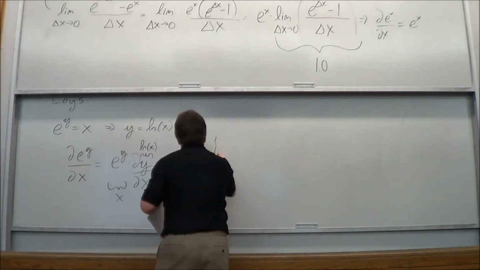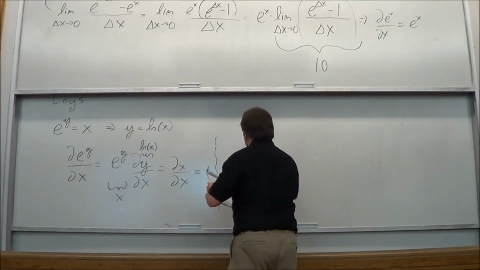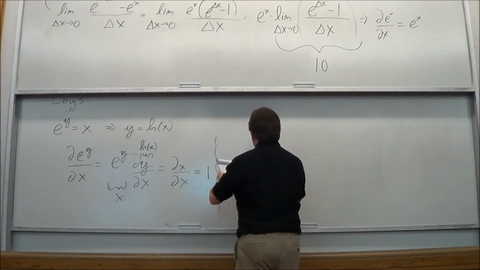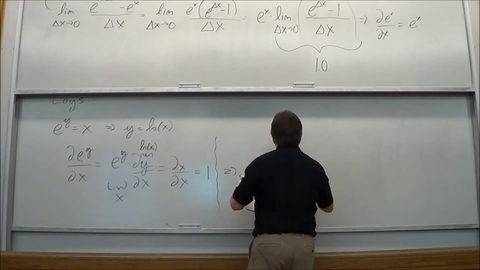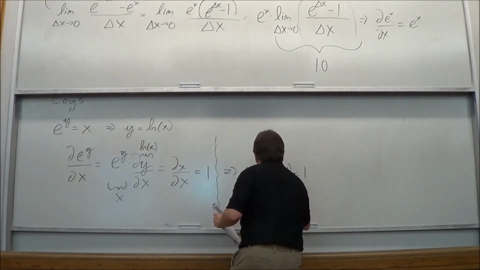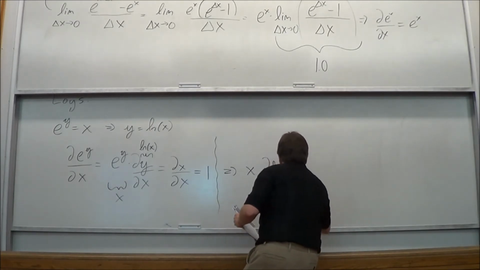Okay, so therefore, x times the change in the natural log of x with respect to x is equal to 1, and therefore the change in the natural log of x with respect to x is 1 over x.